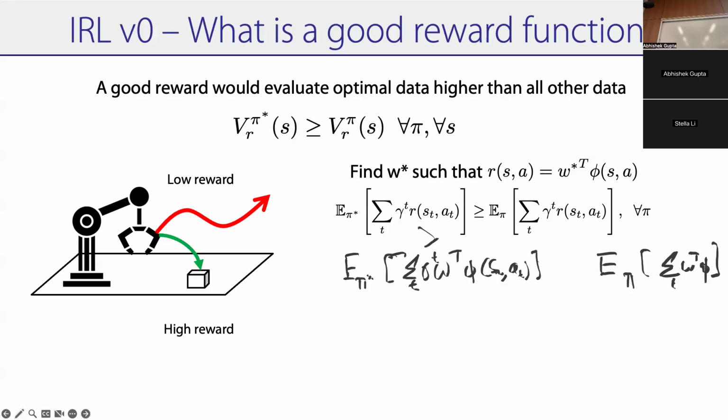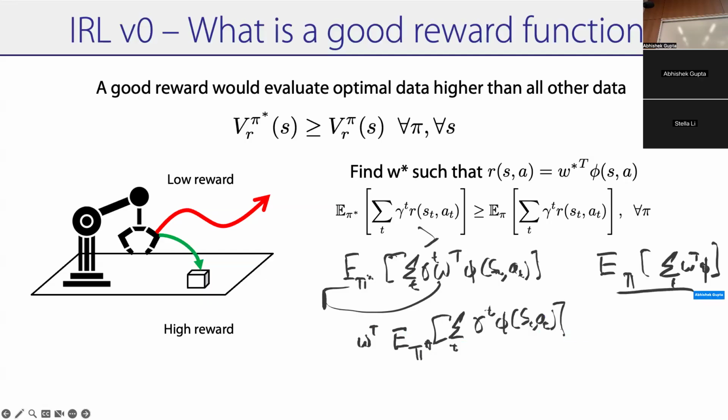Yeah, it's linearity of expectation. When you have a linear function, you can take it out of an expectation. So this simplifies to w transpose times the expectation under pi star of the sum of gamma^t phi(s_t, a_t), and the right-hand side simplifies to w transpose times the expectation under pi of the same sum. All we did is take the w out on both sides, just via linearity of expectation.